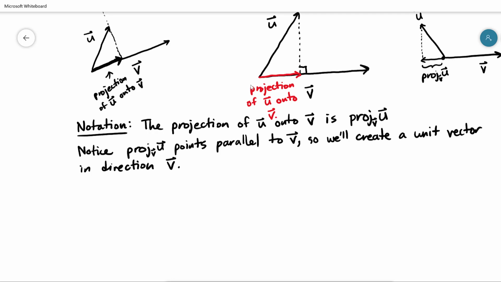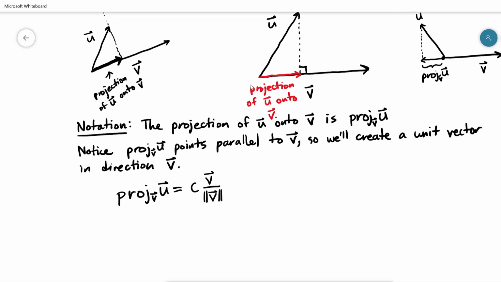So basically, our projection of u onto v is going to be equal to some constant times v over the magnitude of v.